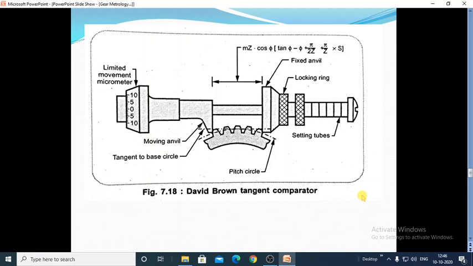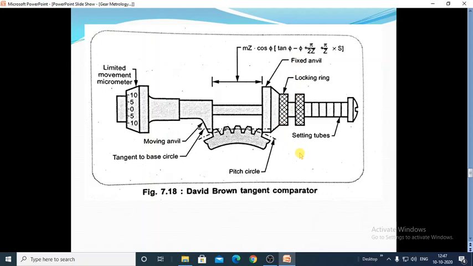It consists of a fixed anvil and a movable anvil, as you can see in the figure. The base tangent length is calculated with the help of the formula derived above, and this distance is set in the tangent comparator by slip gauges.